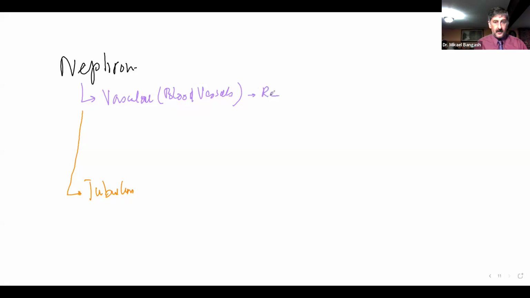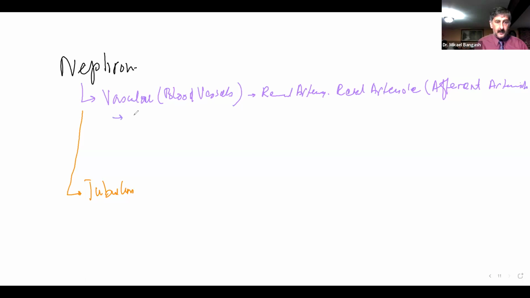We started with a renal artery. Renal artery becomes renal arteriole. Now this first renal arteriole here is going to be an afferent arteriole.